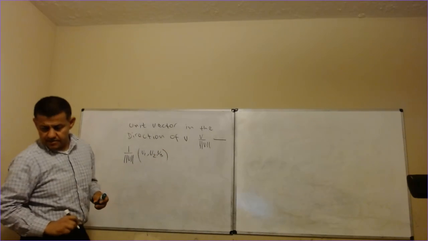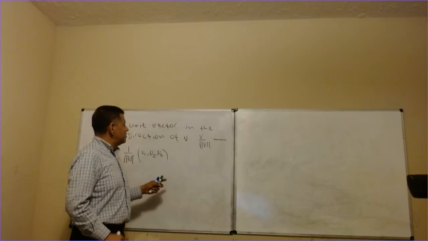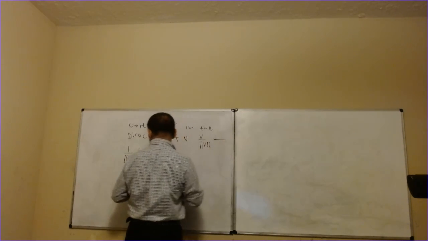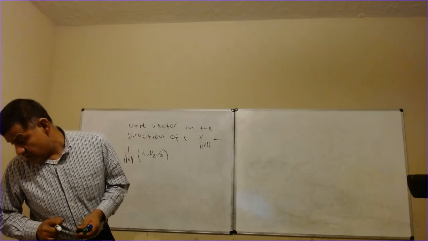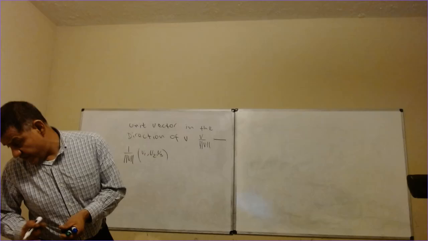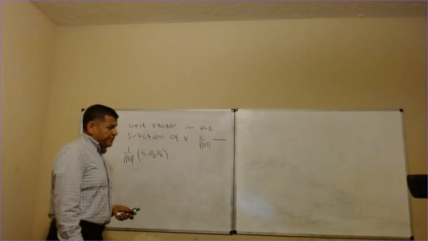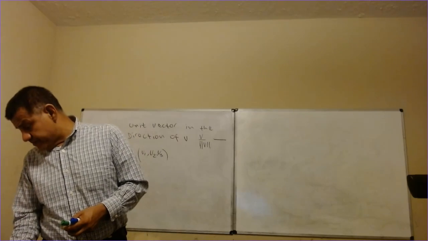Just like that. Now this vector is the unit vector, right? This is a very important concept. Right. So now, for the vector, the first step in this is to find the components. That's the first step.